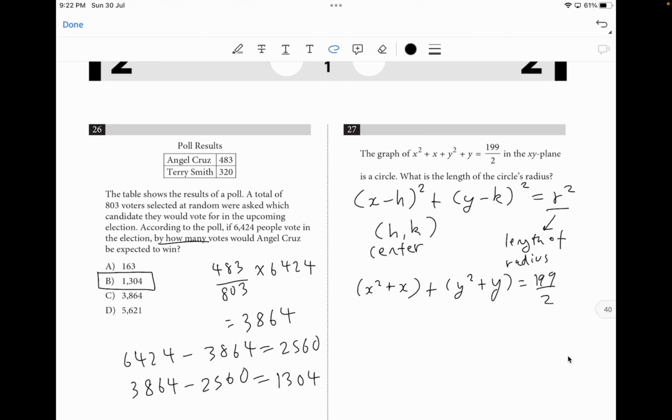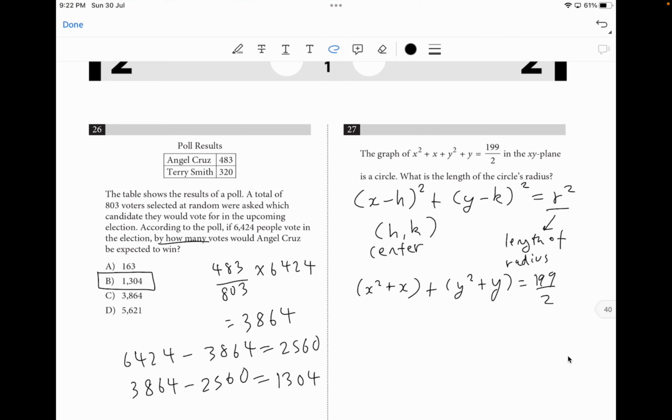Okay? Since the term (x minus h) squared can be obtained by adding the square of half the coefficient of x to both sides of the given equation to complete the square, and the coefficient of x is 1, we're going to halve it again. The square of half the coefficient is 1 by 4. Let me just put that in the calculator to check that. Yeah, 1 by 4.